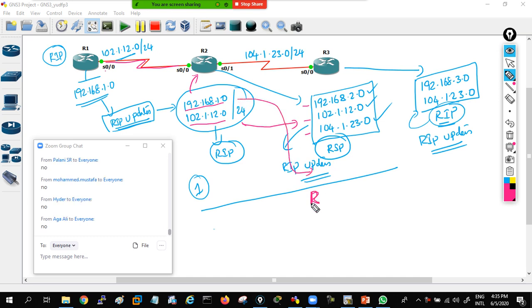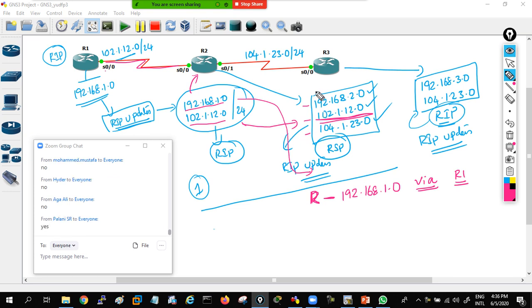It says, I don't know it, so let me keep this network in my routing table: 192.168.1.0, learned via Router 1. Do you agree, guys? Then it sees, do I know about 102.1.12? Router 2 checks: yes, I know it, so I don't need to keep this route in my routing table. Everybody understand, guys?